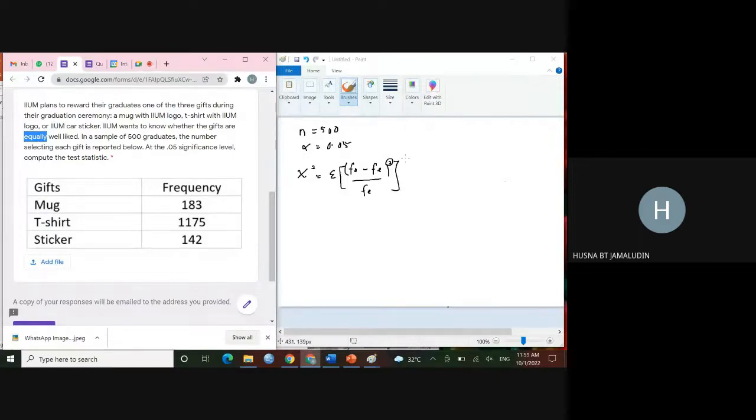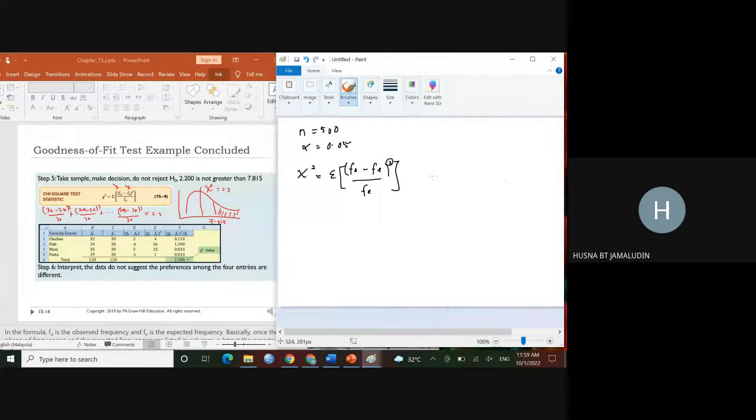Okay, let's just try to apply the steps 1, 2, 3, 4, 5. You don't really have to draw this. Normally, I will just compute it straight away, but just to show it.